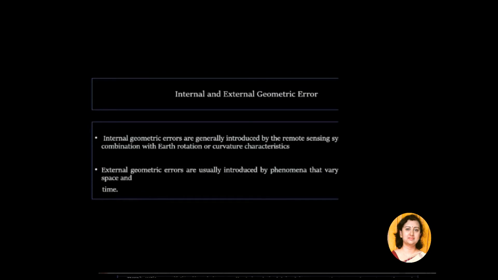Internal geometric errors are generally introduced by the remote sensing system itself or in combination with the Earth rotation or curvature characteristics. This is systematic error or internal error.